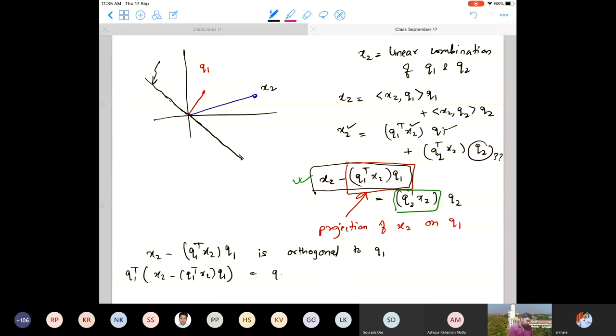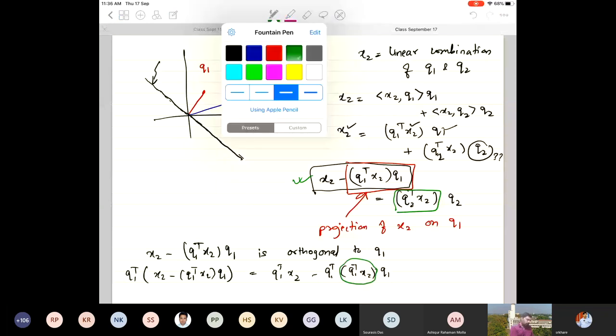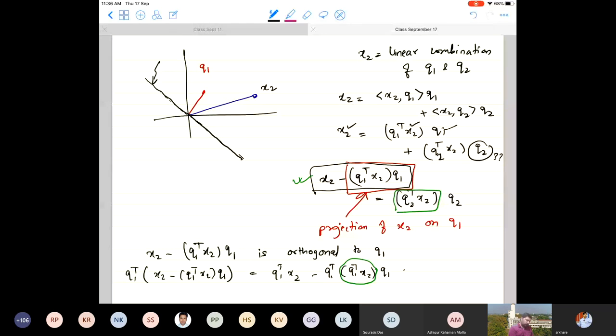So you have the first term q1 transpose x2, then the second term q1 transpose x2 into q1. This term is a scalar, like alpha, so it can come out because of the associativity of the inner product. So this is q1 transpose x2 minus q1 transpose x2 into q1 transpose q1, but q1 transpose q1 has to be equal to 1 because q1 and q2 form an orthonormal set.